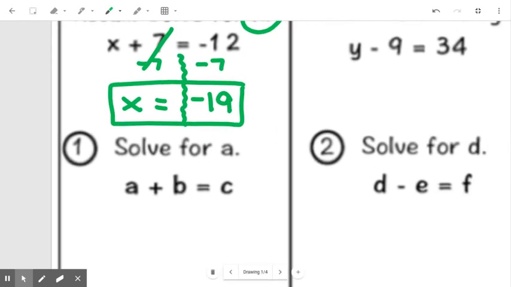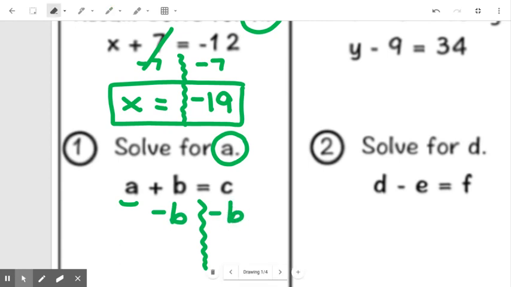If you take a look at this next one, it says solve for a. Well, if you notice, we have the same kind of setup, only instead of a plain number like a plus 7, we have a plus b. Still, if I'm trying to get this a by itself, I have to get rid of this plus b. So I'm going to do a minus b on both sides.